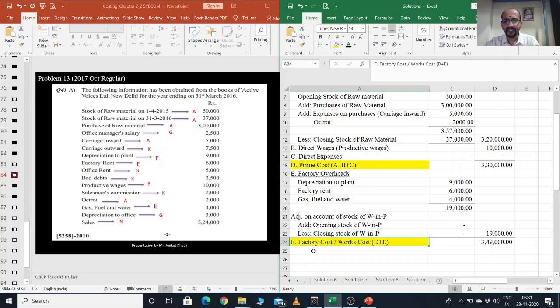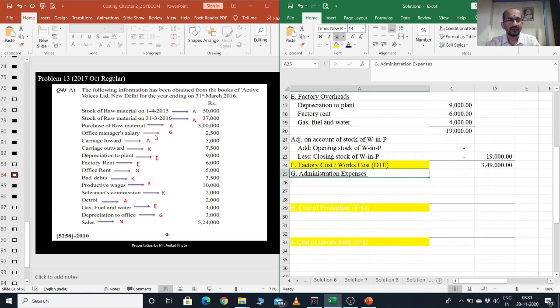Okay, next, what is next after F? G, and G is administrative expenses, right? So we need to see the G items. First is office manager's salary, 2,500.